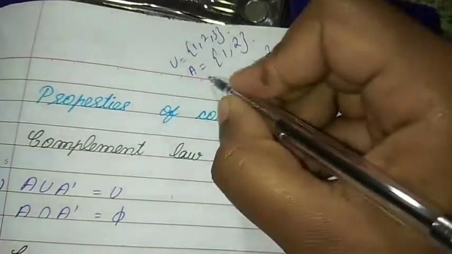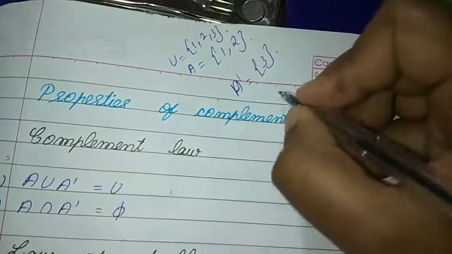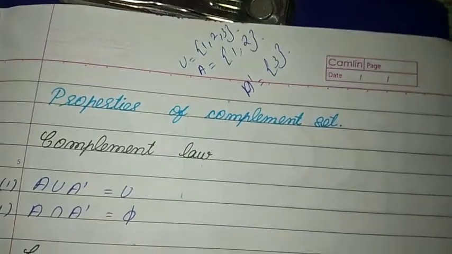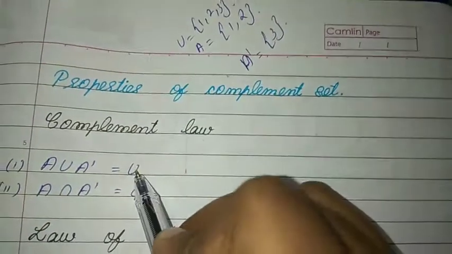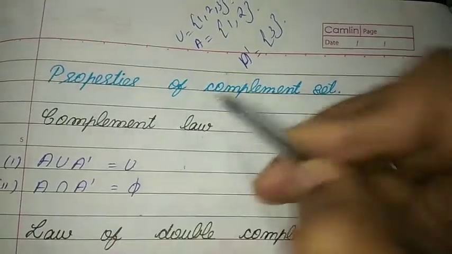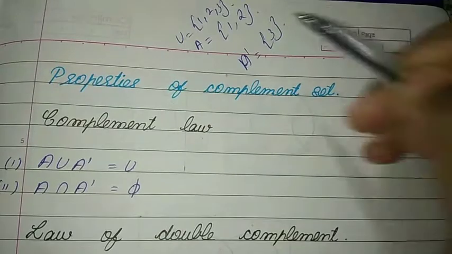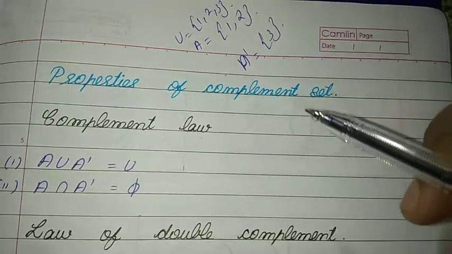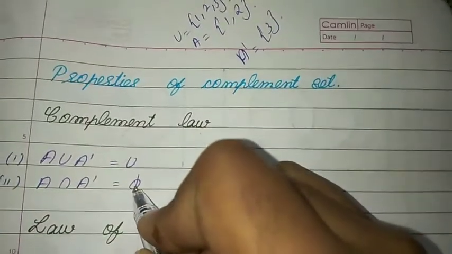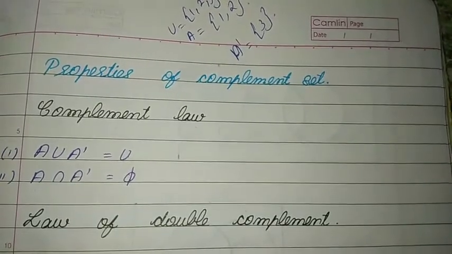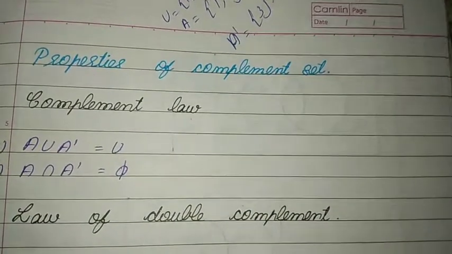If I take the union of these, A union A dash will be 1, 2, 3, which is U again. Yes, so that is why I have written this. If we take intersection, intersection means common elements. Here nothing is common, so I will have phi. A intersection A dash is equal to phi.